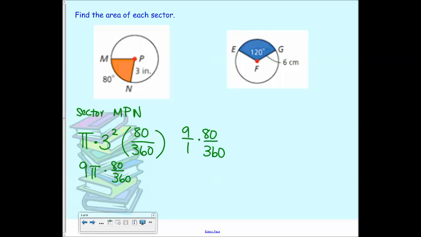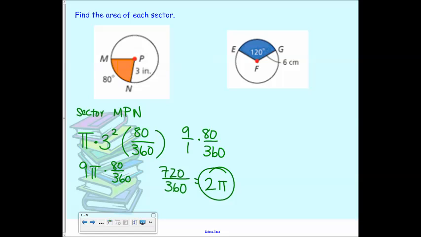So 9 times 80 would be 720 over 360, which should be 2. And then because it's a circle, we have to include the pi. So the area of this sector would be 2 pi. The area of the whole circle is 9 pi, and the area of this sector is 2 pi, because 80 out of 360 times the area gives us 2 pi.